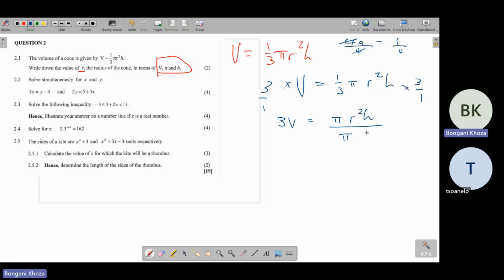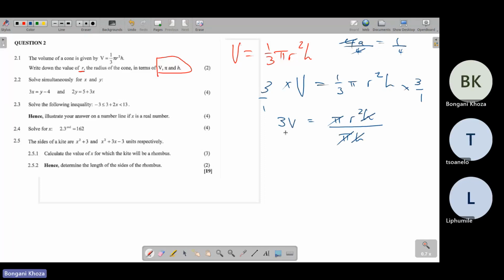So we divide by pi, we divide by h. So this pi cancels that one, h cancels that one, and then you do this on the other side as well. So at the end of the day, you're left with r squared equals 3V over pi h.